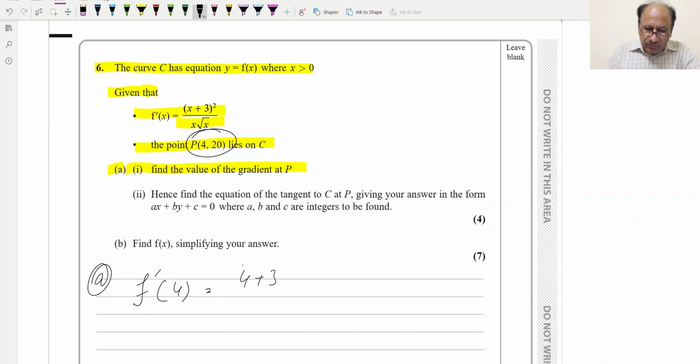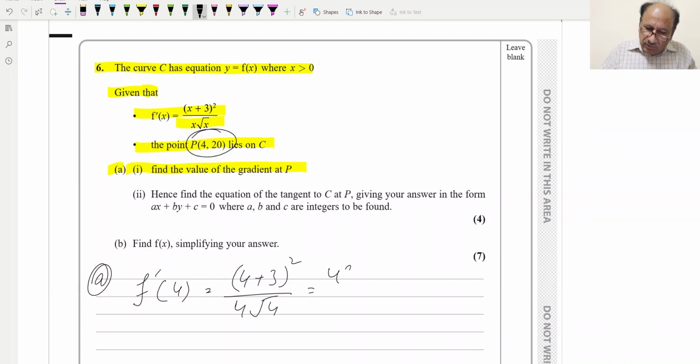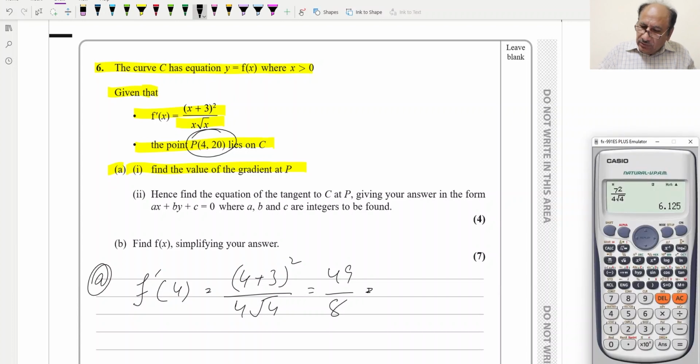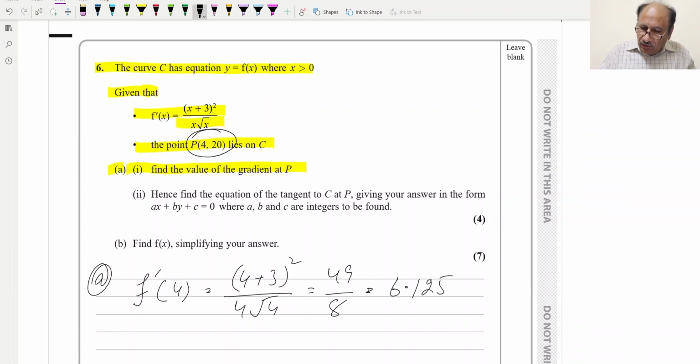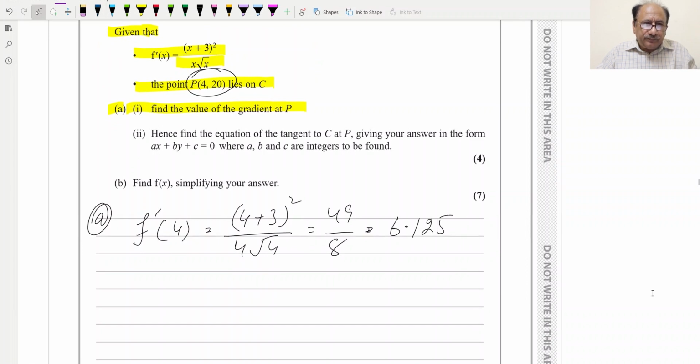It will be (4 plus 3) squared divided by 4 root 4, and this is equal to a fraction. 4 plus 3 is 7, so 7 squared over 4 root 4, which is equal to 49 over 8, and the decimal value will be 6.125.